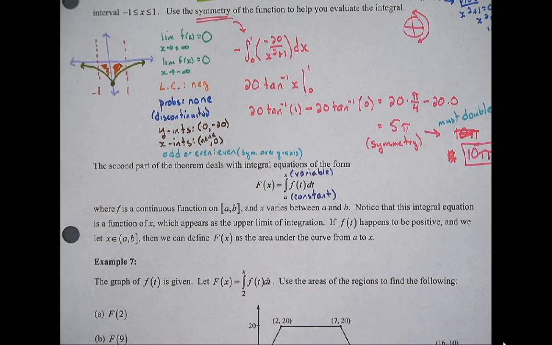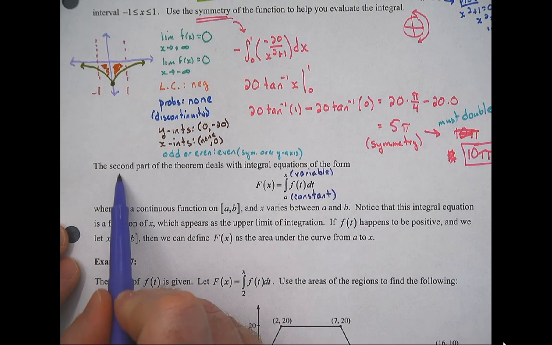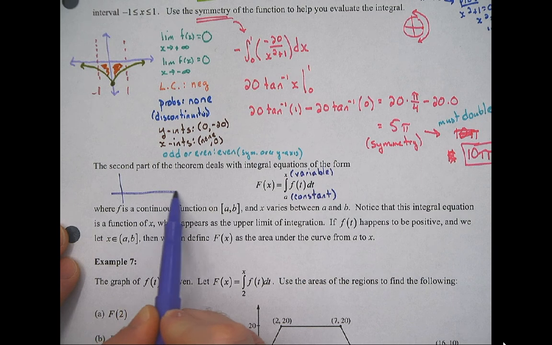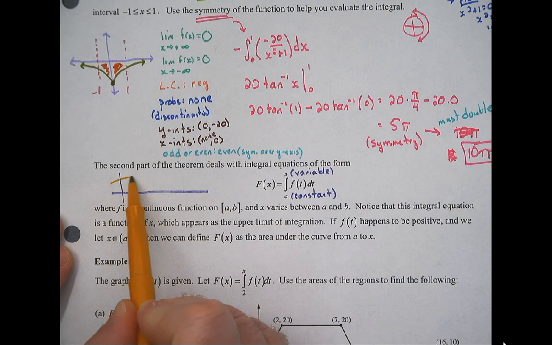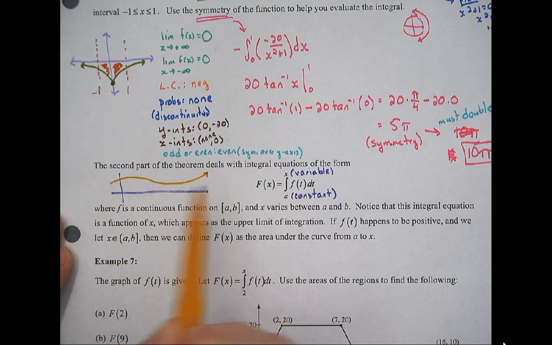So kind of the way you can think about this, let's say I've got some sort of a curve. My curve looks something, I don't know, like this. Pretty exciting.